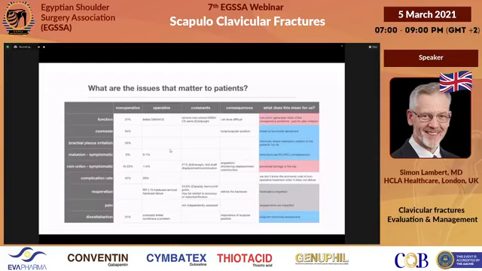What can we do to change that? Well, first of all, we want to be able to predict which patients with a clavicular fracture might go to a non-union if we're choosing to do non-operative management.